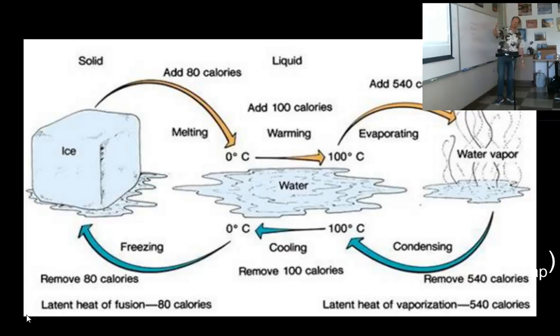The same 540 calories come out of it, and then you would cool it down and remove 100 more calories of thermal energy, and then you'd have water at 0 degrees, and then turning that 0-degree water into 0-degree ice, you would then remove 80 more calories. So latent heat of fusion is the same quantity, depending on which way you're going, and then latent heat of vaporization, same quantity. The sign just changes for which way you're going.